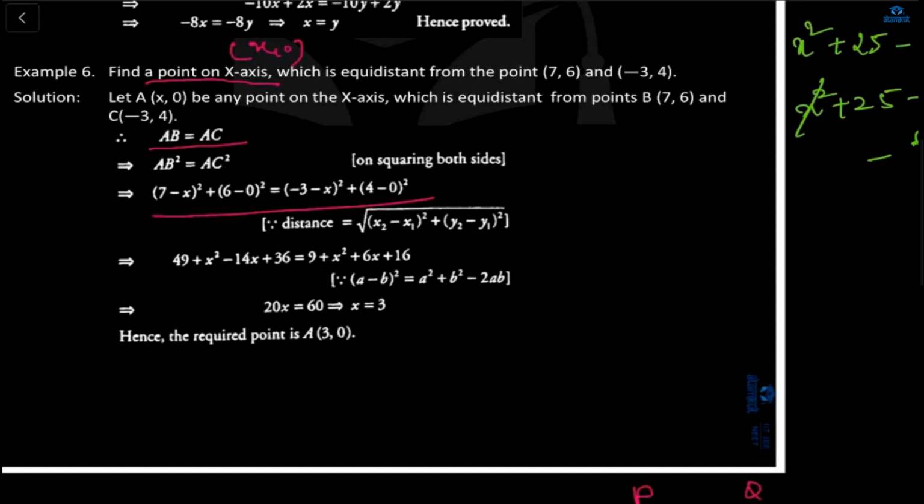In the LHS the points are A and B, and in the RHS the points are A and C. After solving this, we have got the value of x is equal to 3. So the required point is 3 comma 0.